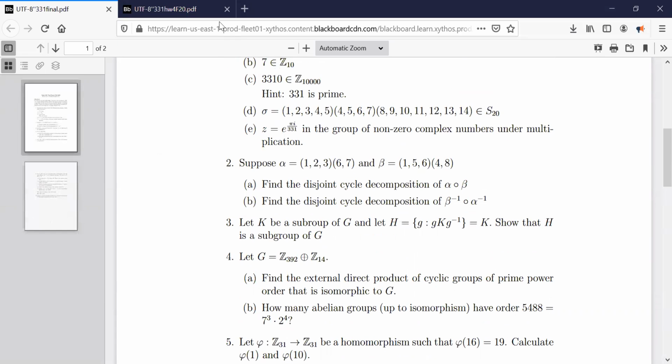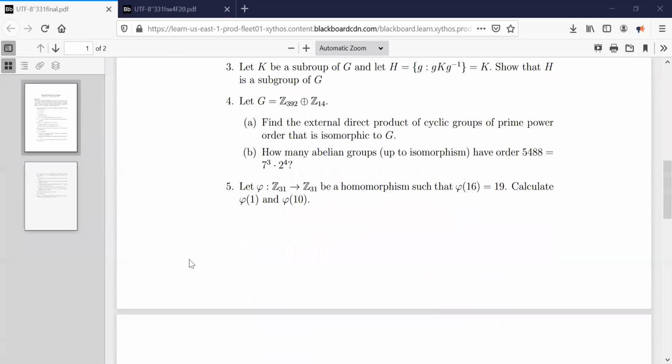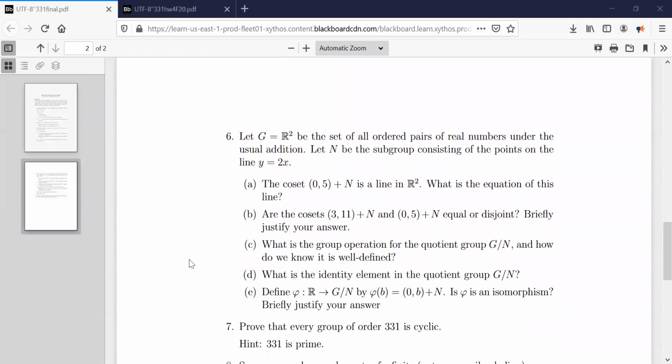Could you maybe talk about 6 a little bit? Okay. So let G equal R^2 be the set of all ordered pairs of real numbers under the usual addition. Let N be the subgroup consisting of the points on the line y equals 2x.